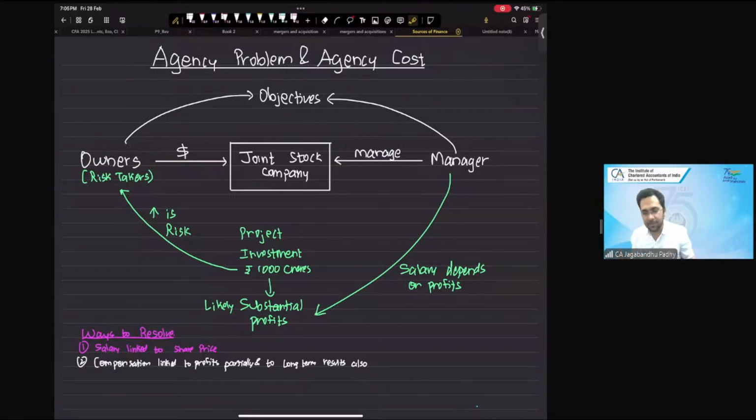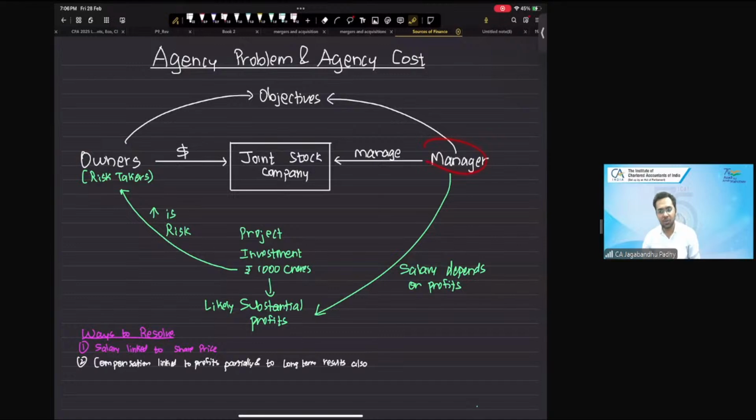Now, since the roles are different, do you think there's going to be some sort of fight, conflict, negotiation, discussion, or debate between these two categories? Yes or no? Correct, definitely, because their objectives are different. Owners are the persons who are going to undertake the risk.